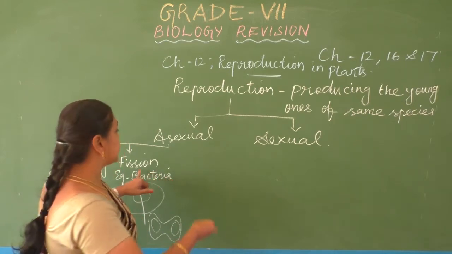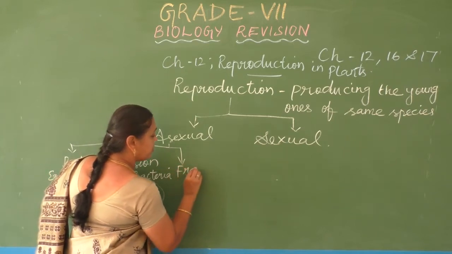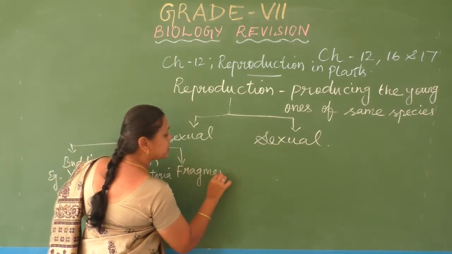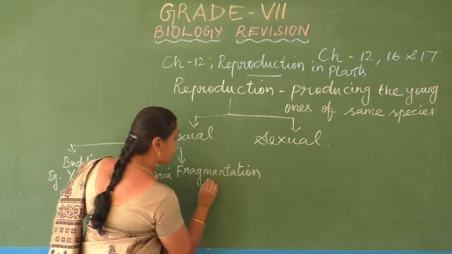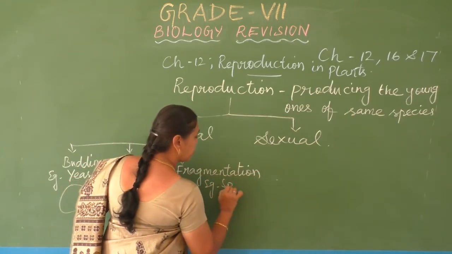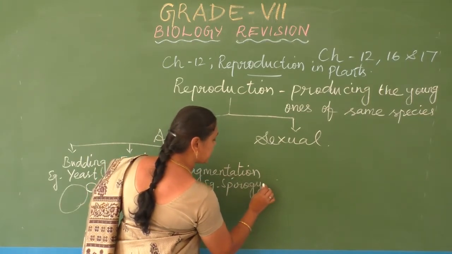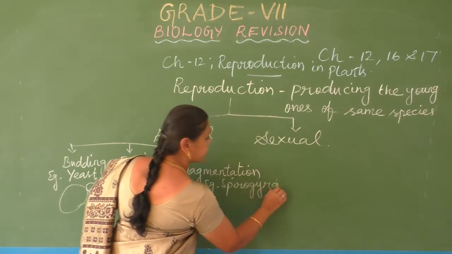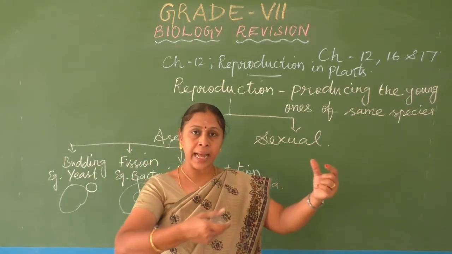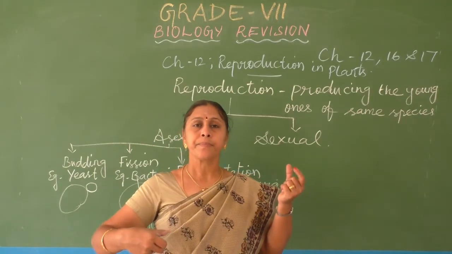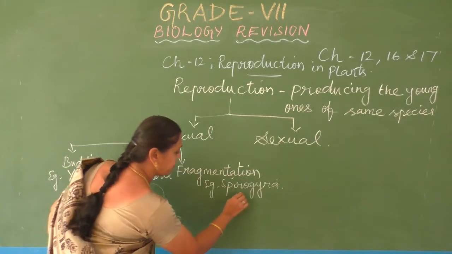And the next one is fragmentation. Fragmentation means what? For example, in case of Spirogyra, I think all of you know this one. It is a filamentous ribbon-like structure. Spirogyra will be ribbon-like, a lengthy one, and it will have several fragments in it.